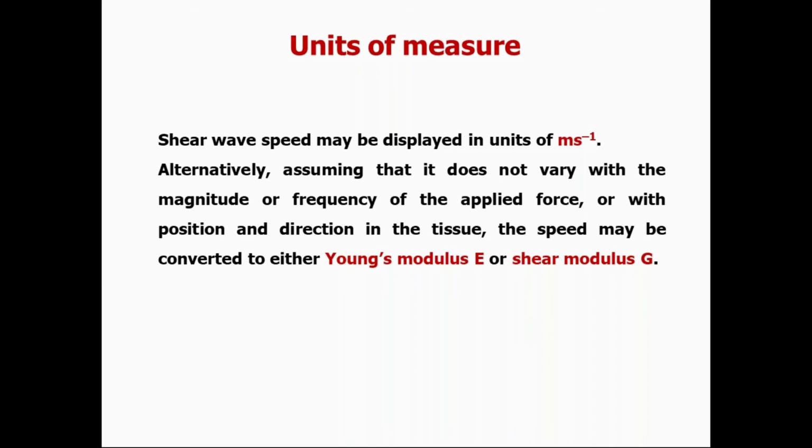This velocity can be converted into stiffness using the Young modulus or the shear modulus G. But to perform this conversion, we assume that there's no variation of the frequency of the applied force, no variation of the velocity on the position or direction of the tissue, and so we convert. However, these assumptions are not always true.